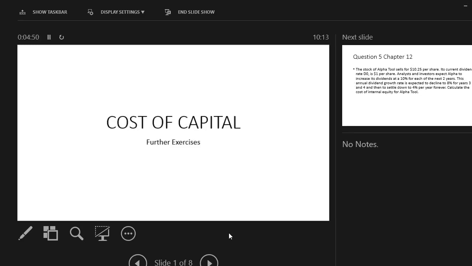And then the last one is the cost of common equity. Now, cost of common equity and cost of debt are the ones that are mostly popular. If it has to come in the exam, you are likely to deal with these two: cost of debt and cost of common equity.